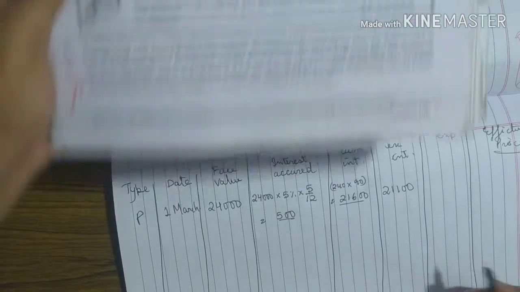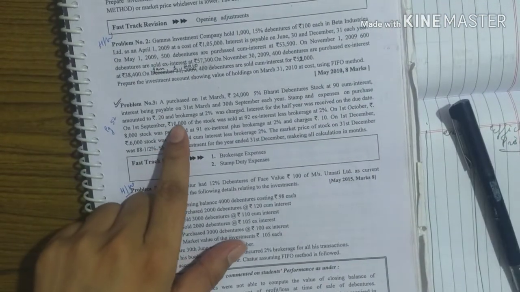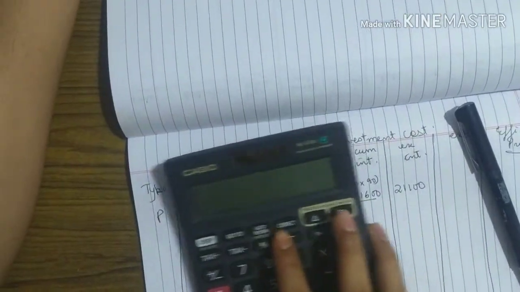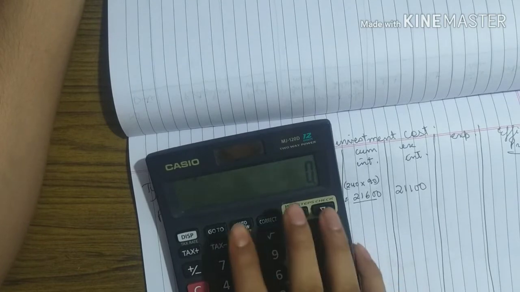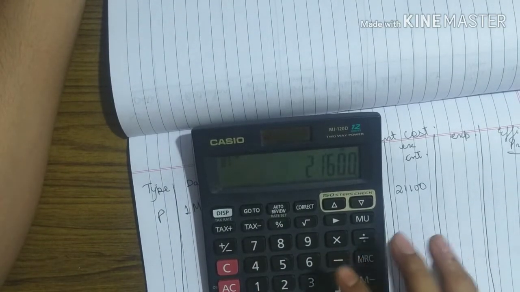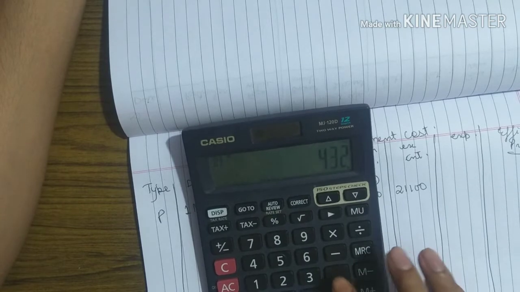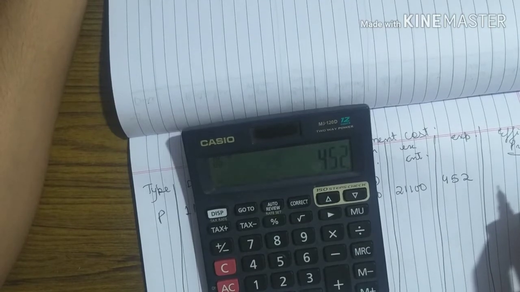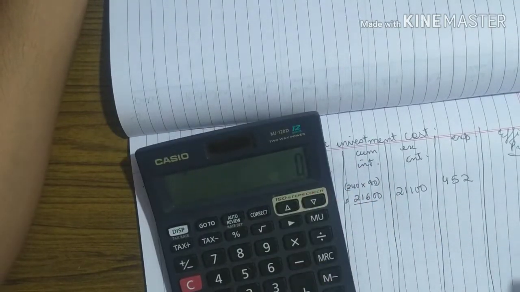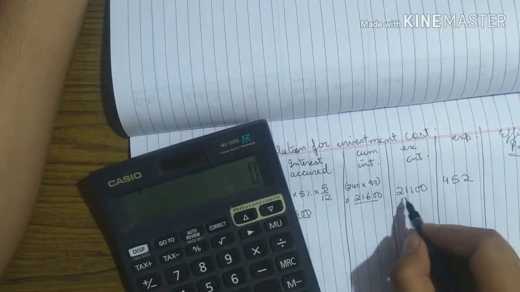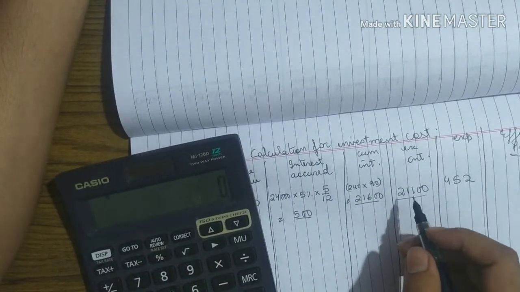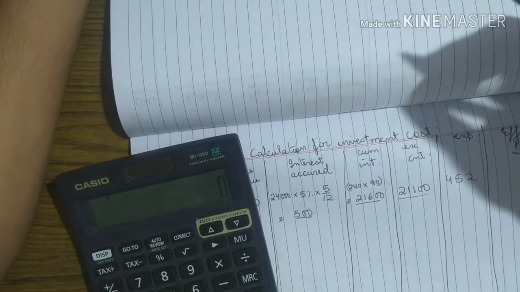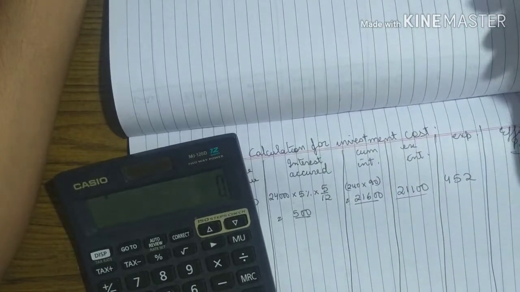Fine. And here the expenses will be brokerage of 2% of cum-interest plus 20. Alright, 2% of cum-interest, cum-interest is 21,600 into 2% plus 20, which amounts to 452. So the effective price will be this ex-interest amount. We won't take the cum-interest because we have already mentioned the interest amount in the investment account separately.